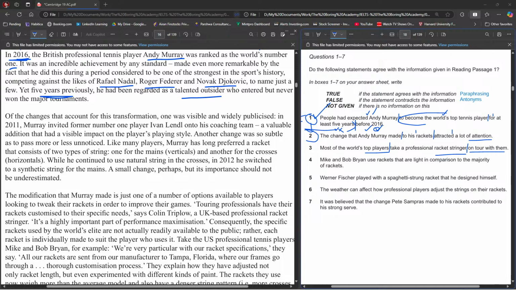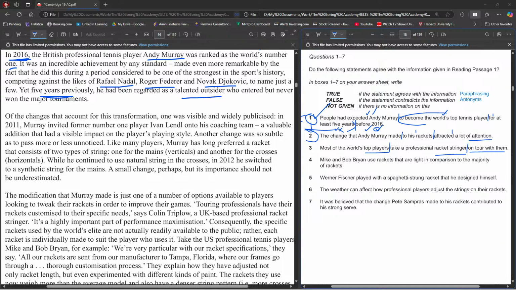Of the changes that accounts for this transformation, one was visible and widely publicized: in 2011, Murray invited former number one player Ivan Lendl onto his coaching team, a valuable addition that had a visible impact on the player's playing style.